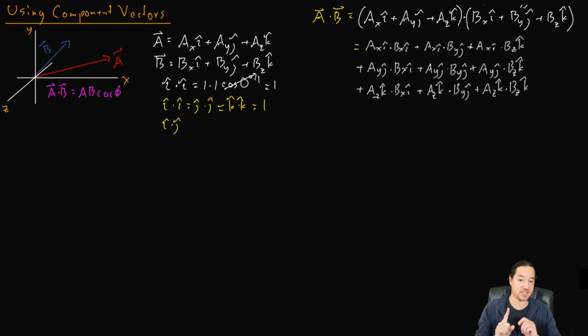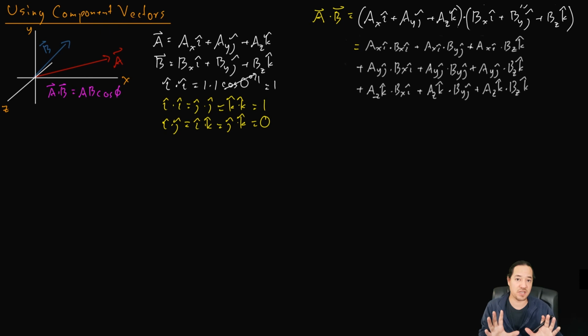Well, in this case, i and j are perpendicular, so the angle between them is 90 degrees. Cosine of 90 is 0, and so i dot j is 0. What about i dot k? What about k dot j? They're all going to be 0, right? All of these orthogonal unit vectors are going to be 0. i dot k is 0, and j dot k is 0.